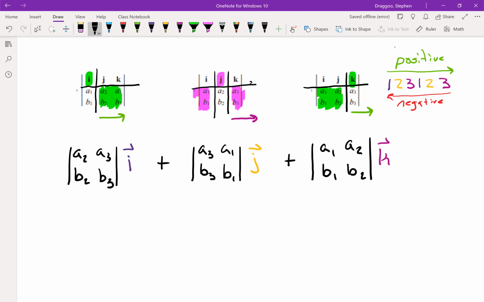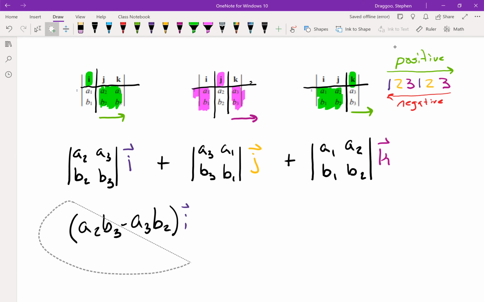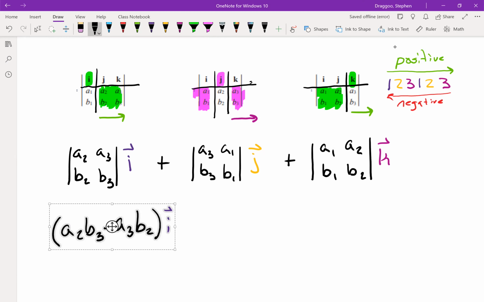So if we then go through and do that cross product again, this should be A2B3 minus A3B2 times I. Let's scooch that a little bit over to the left.